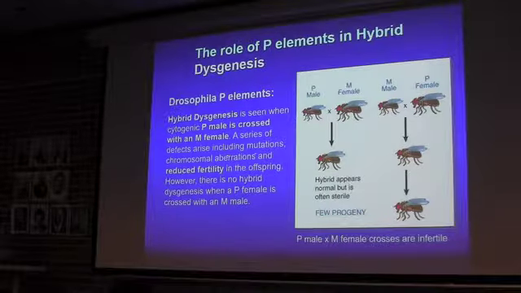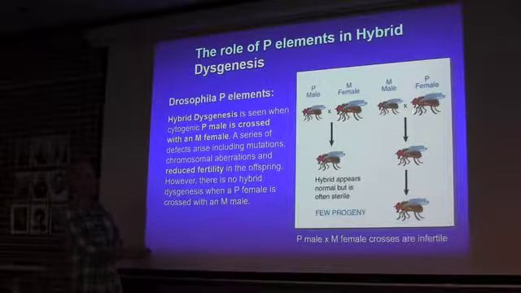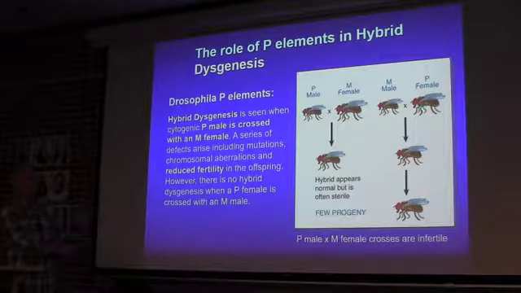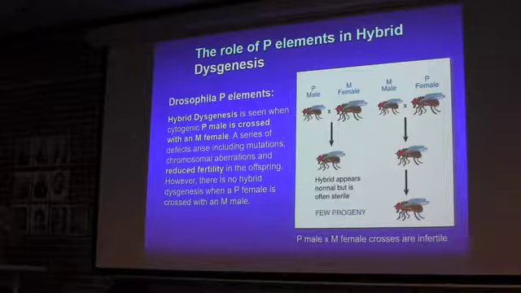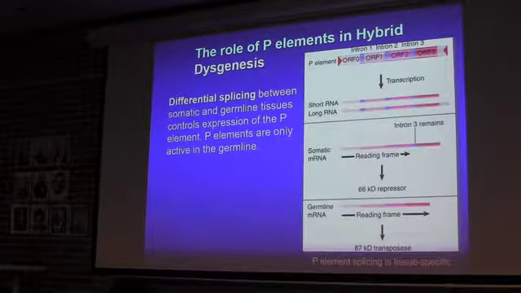Mutations, chromosomal aberrations, one of which results in reduced fertility, often sterile. But there's no hybrid dysgenesis when the infected one, the P strain, is the female. We'll need to understand that, and it'll be clear in a minute.